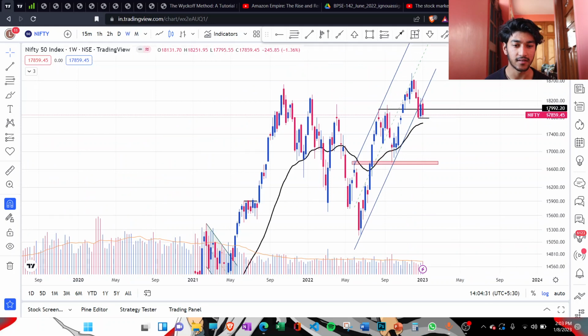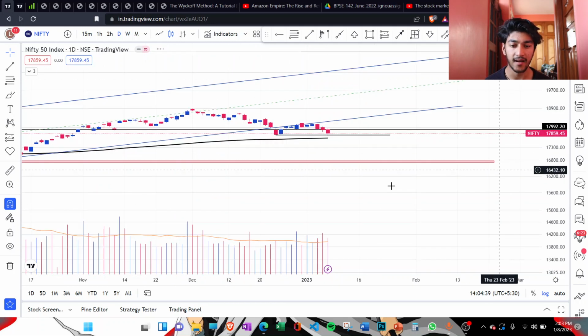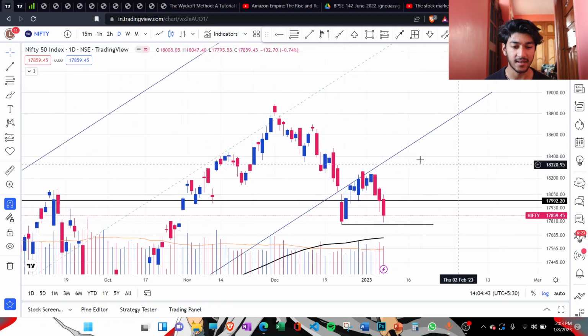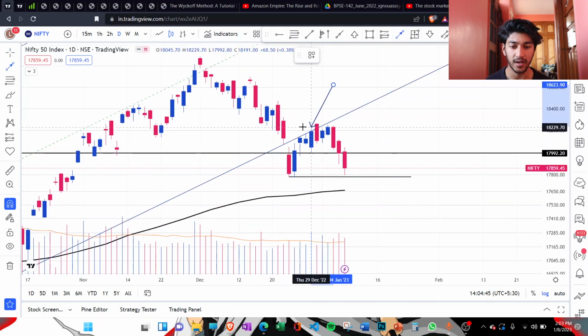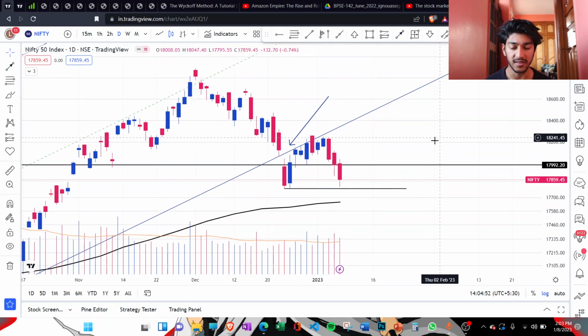Okay, let's take a look at the weekly chart. After forming the bottom in June 2022, it has been moving in a channel, and recently it has broken this channel. At this point here, it has broken the channel, and again it gave a short-term up move.